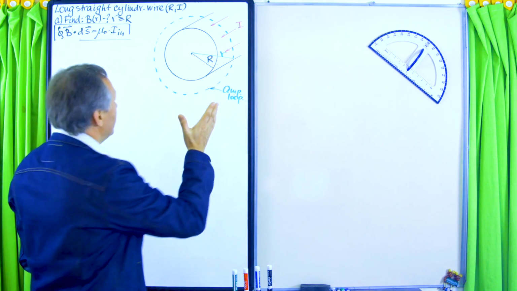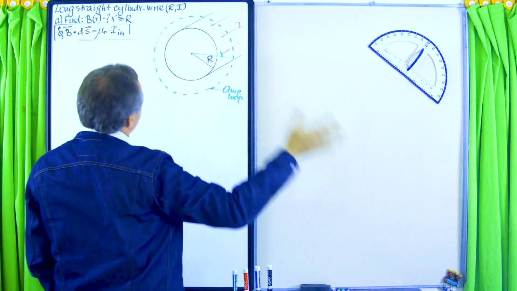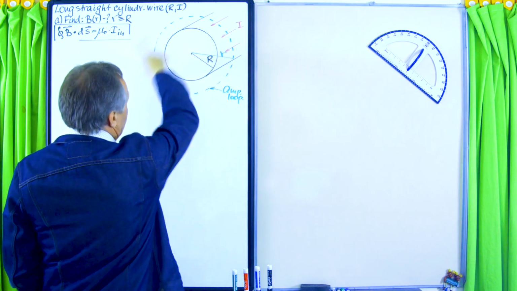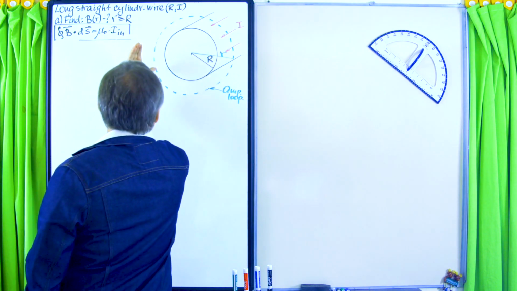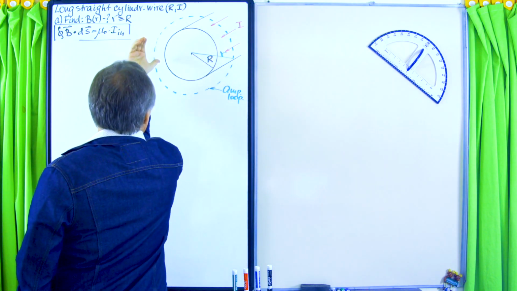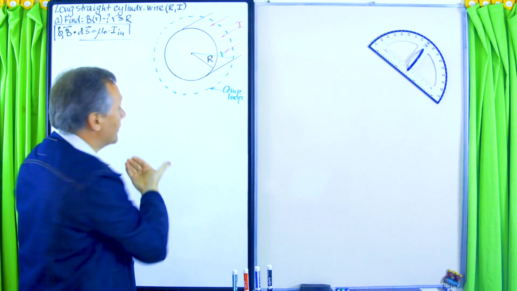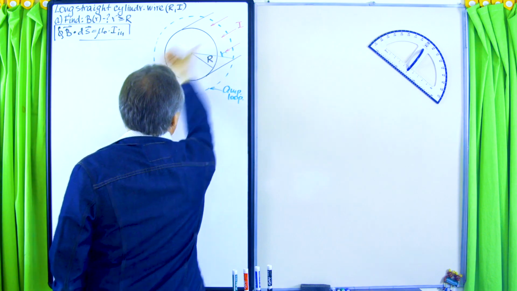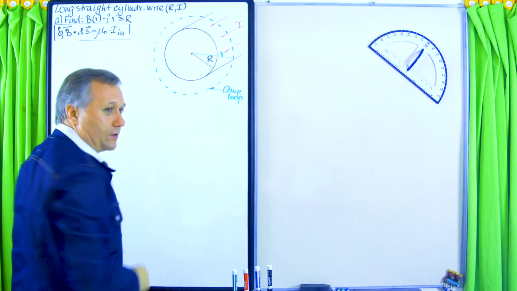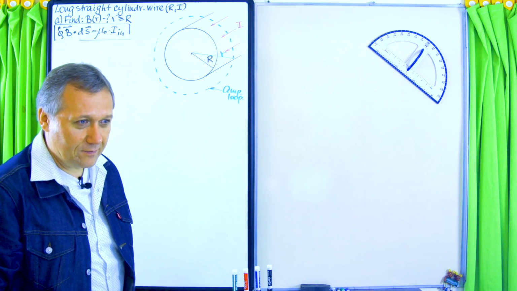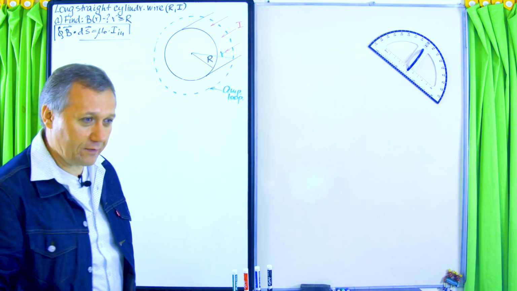So, for example, let's say I pick the clockwise direction. If I curl my fingers that way, my thumb gives me the positive direction for the current, which will be opposite to the direction of the current we have.